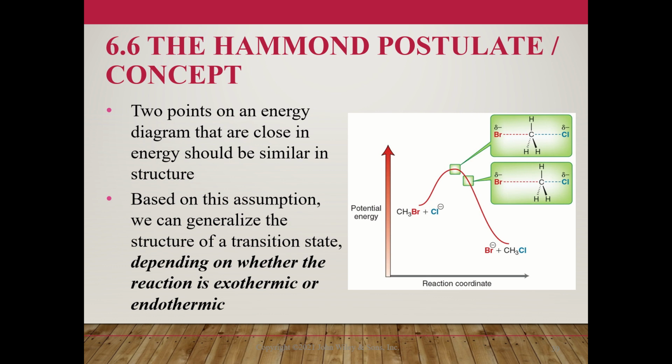And then as we are progressing along, that chlorine-carbon bond that's forming gets closer, and then that bond that's breaking apart between carbon and bromine is breaking fully apart. While there's still partial bonds, that's where you're going to see partial charges. And then once they fully break apart, that's when you have a full charge on the bromine.